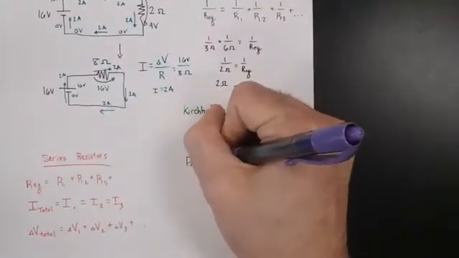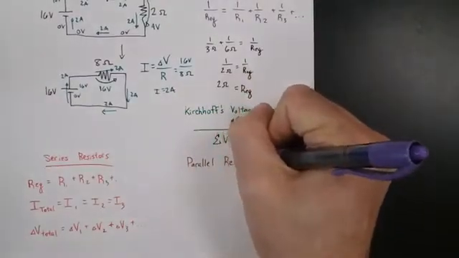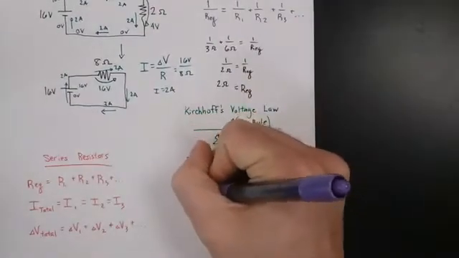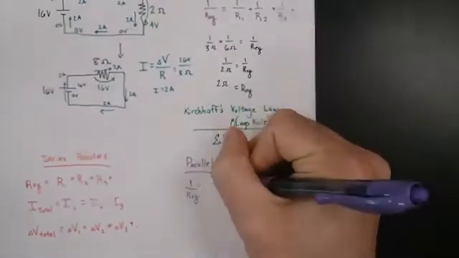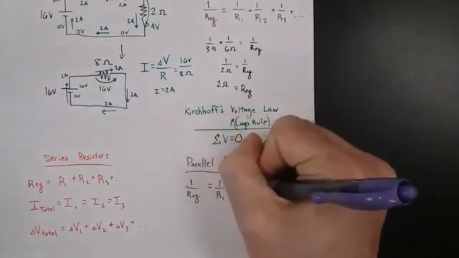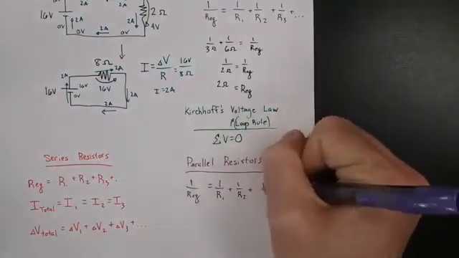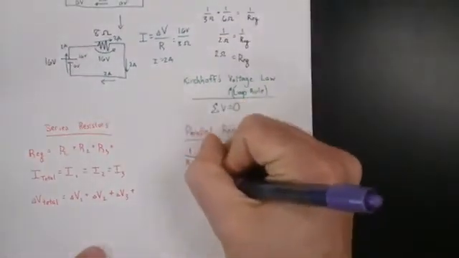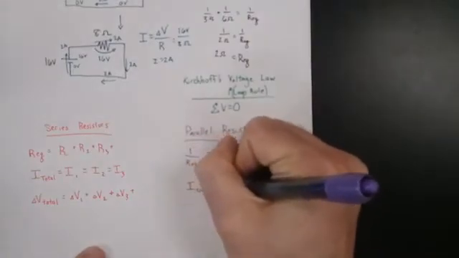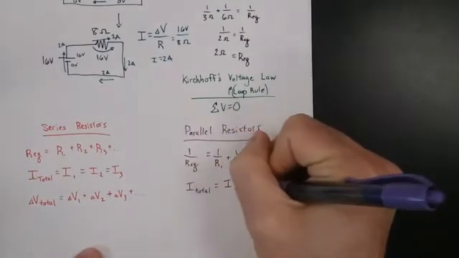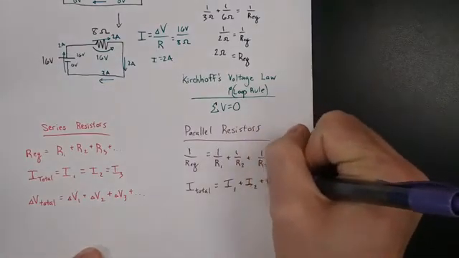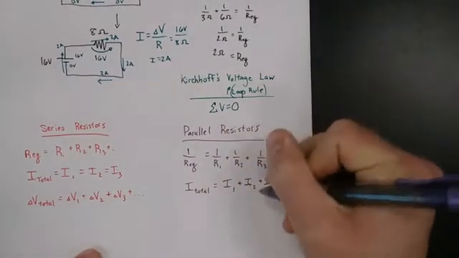Reviewing that idea, for parallel resistors, we've seen how we can add up their equivalent resistance: 1 over R equivalent equals 1 over R1 plus 1 over R2 plus 1 over R3 plus dot, dot, dot. The current in parallel resistors is equal to I1 plus I2 plus I3 plus dot, dot, dot. They're not the same.